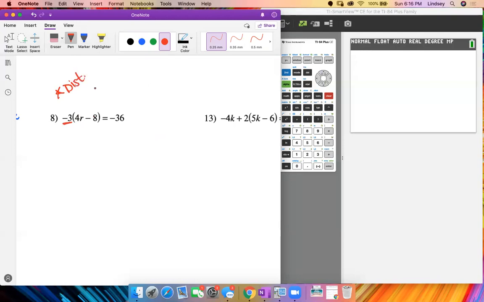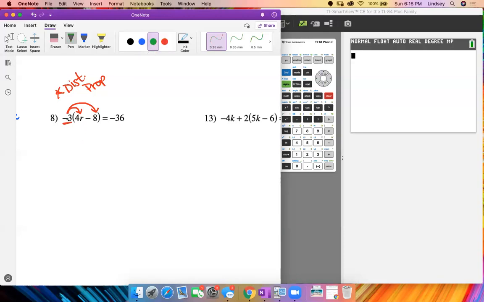I have to do the distributive property, which says you take the number on the outside and multiply it by everything on the inside, okay? And you only do what's on the inside of the parentheses. I wouldn't also multiply this negative 36. You just do what's inside the parentheses, okay?